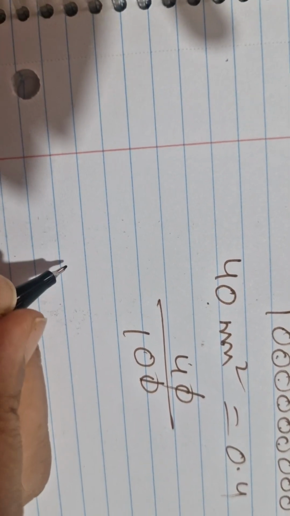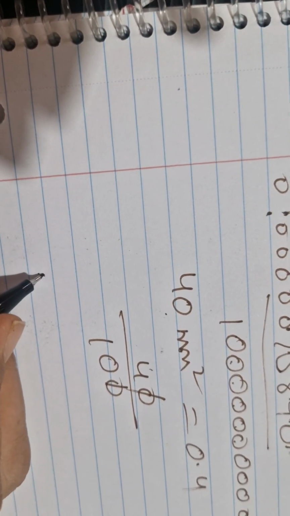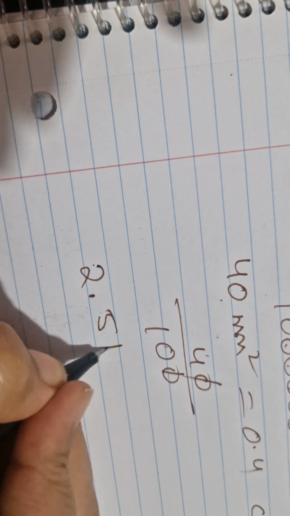Last question. Okay, let's take km square to meter square. If I say 2.5 km square, how many meter square? Now you know children, 1 km is 1000, so 1 km square will be 1000 times 1000. Here we are converting from big to small, so you will multiply.